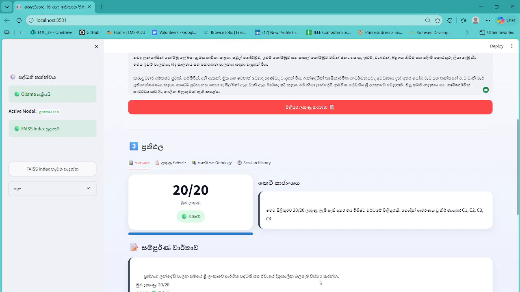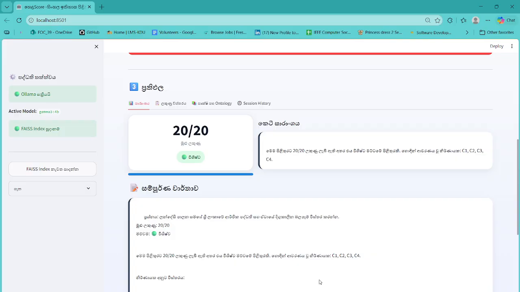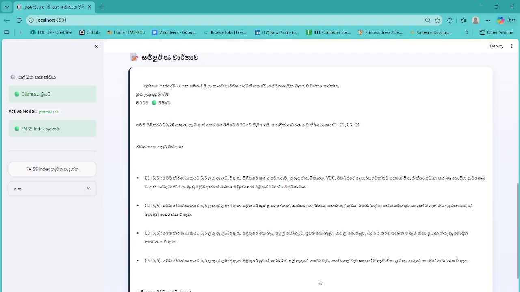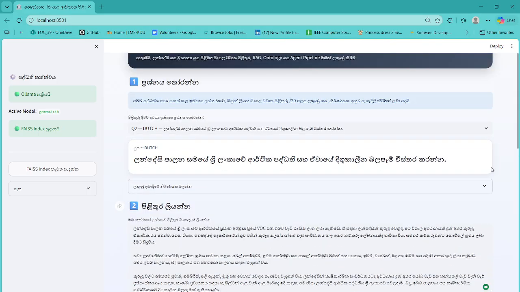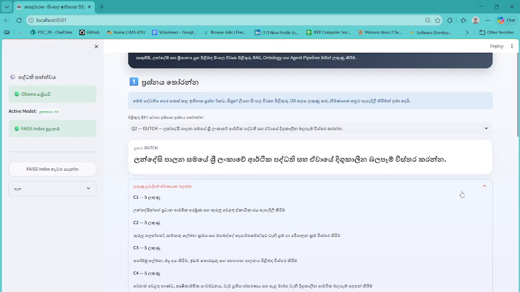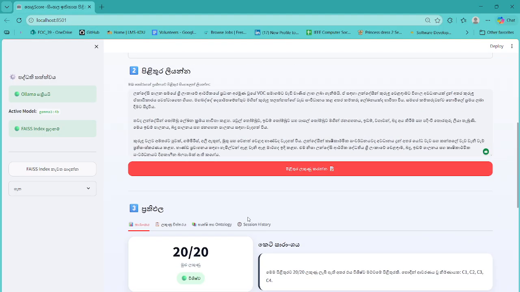The answer is marked out of 20, and it got 20 out of 20 using four criteria. Here are the four criteria to which the marks were allocated: Dutch commercial aims, cinnamon monopoly, labor and Mahabadde systems, Tombu records and taxation, and long-term economic impacts.